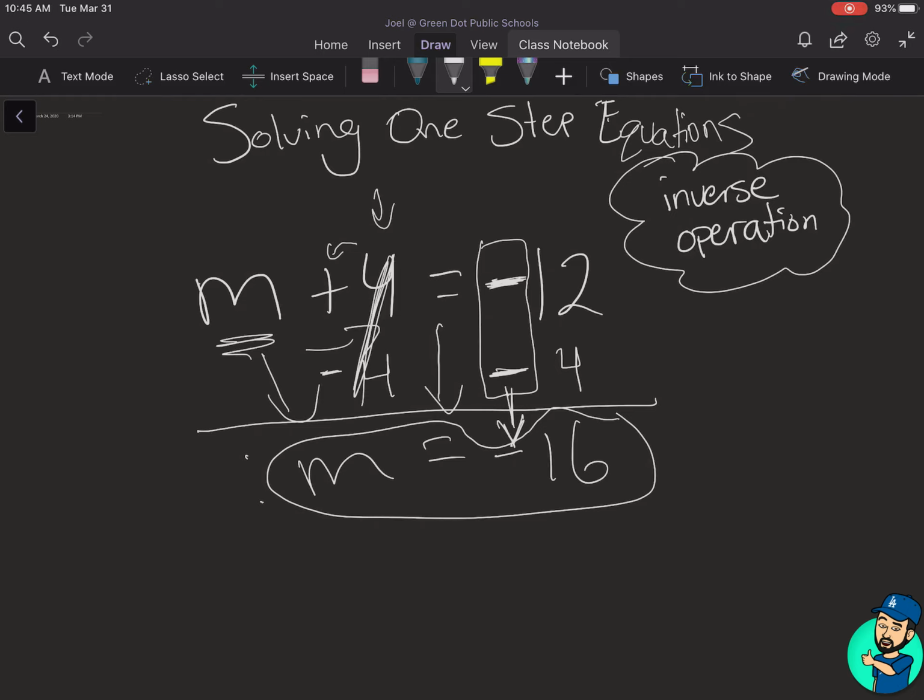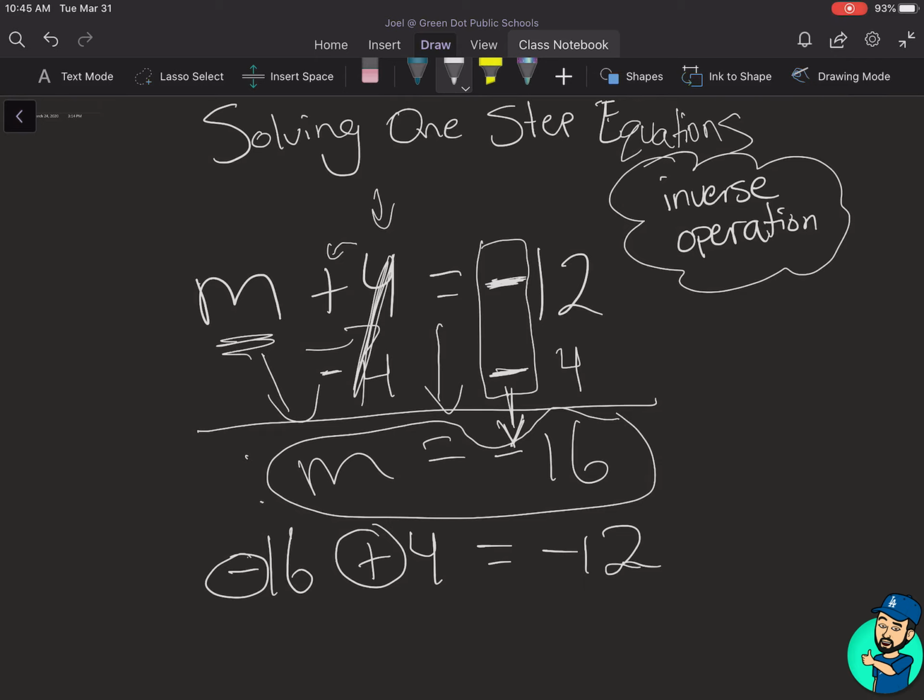Now if I go back and check my work, I'm going to plug in negative 16 for m. You're going to copy down the problem. Okay. Now, look at this, for example. This is a negative and this is a positive. Different signs, you subtract, but keep the sign of the bigger number.